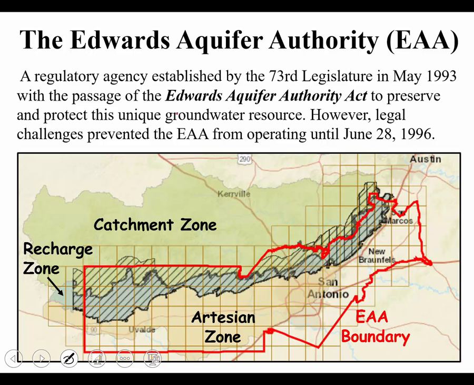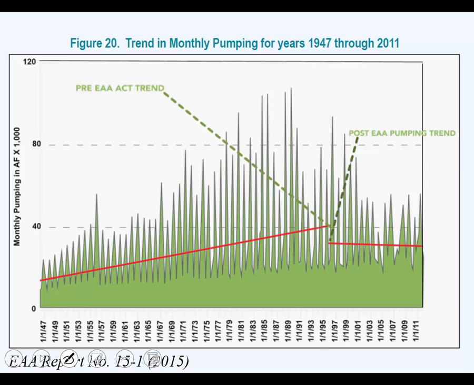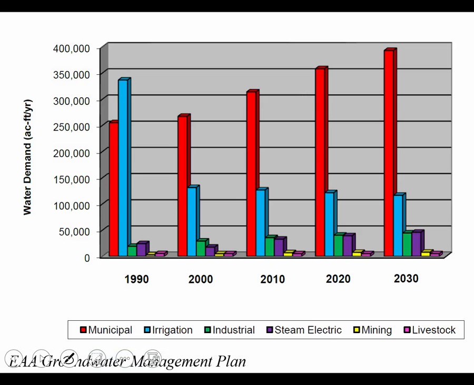When there's drought and water levels are dropping, there's not enough water for all three constituencies. Okay, so if you look at the pumping that occurred from about 1947 up to 96, it was increasing, and then with the Edwards Aquifer system, it's been more or less constant. It's being managed. Okay, we'll just skip that.